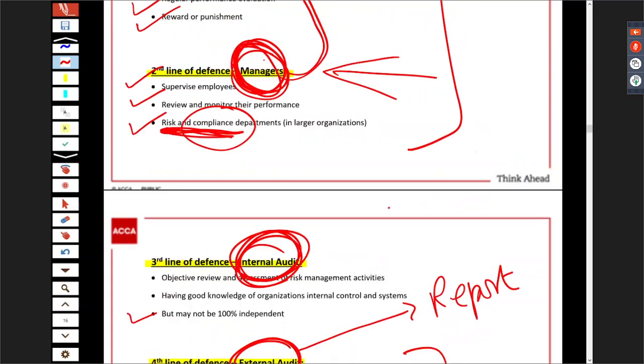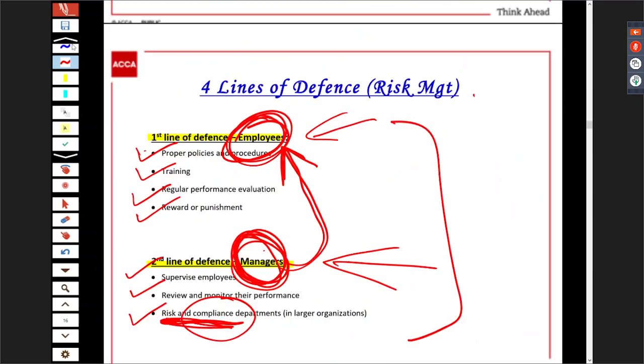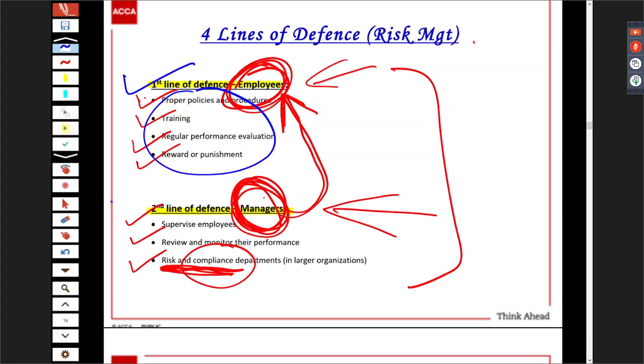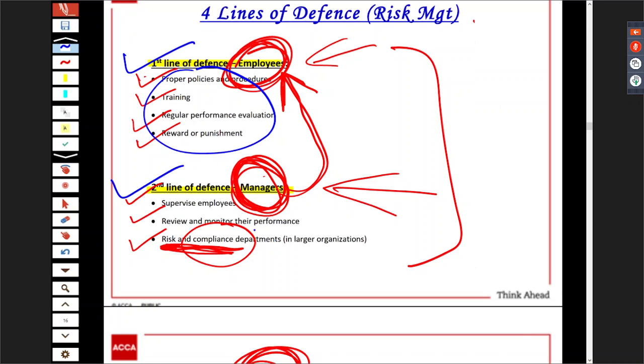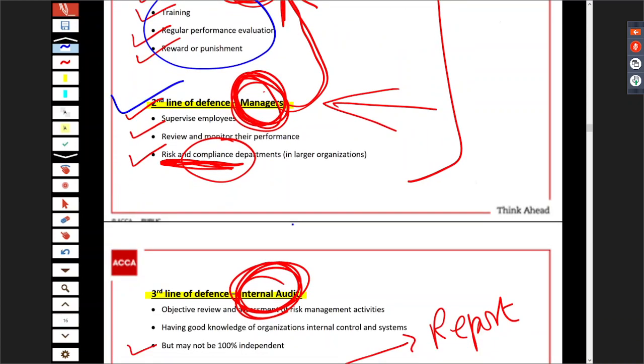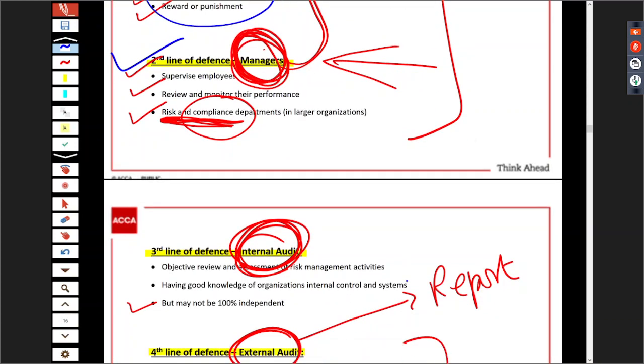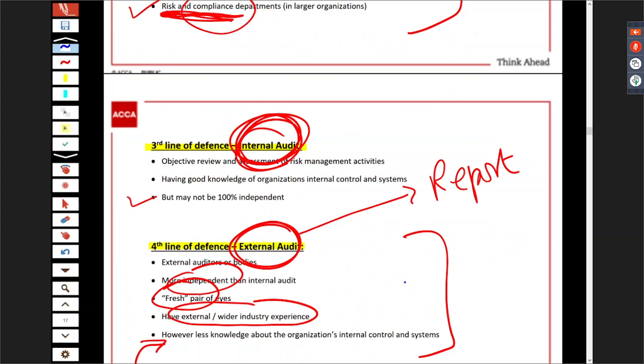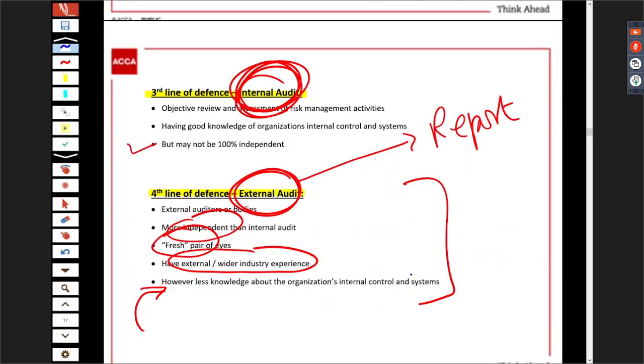First line of defense, employees, and you can talk about these things. The second heading would be second line of defense. Third heading would be third line of defense. So just remember these two slides. If it's a straightforward question, you can actually score high marks because I don't expect anything complicated on this topic or on AI.